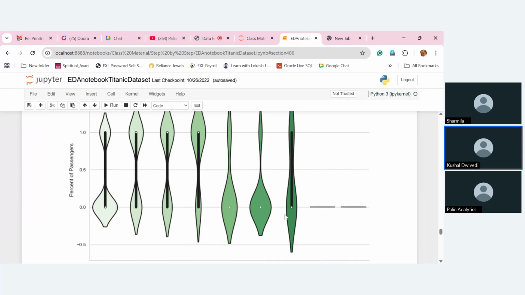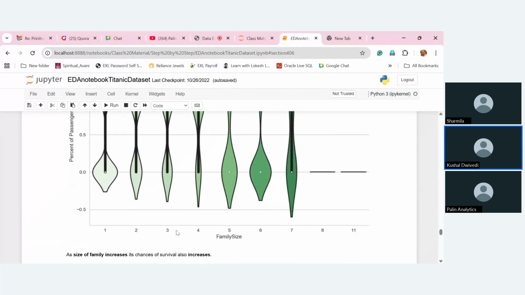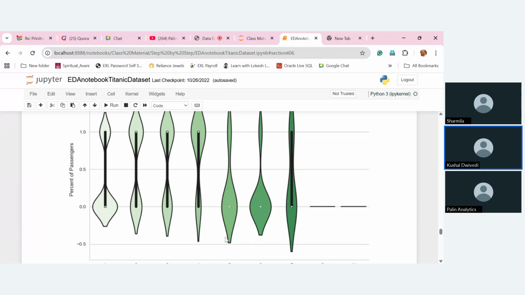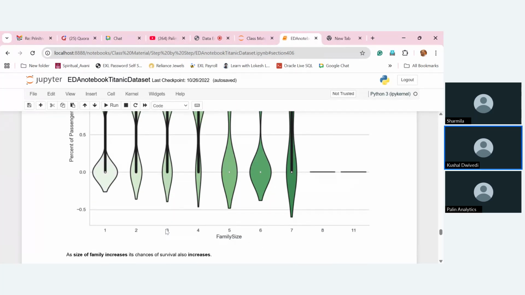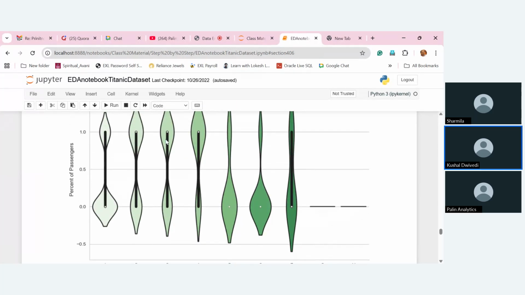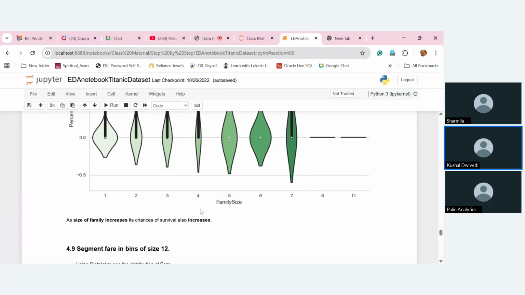But if you see the ages 20 to 30, 30 to 40, and 40 to 50, you can see many people were there. Here in 20 to 30 and 30 to 40, more people survived in comparison to how many people died, right?